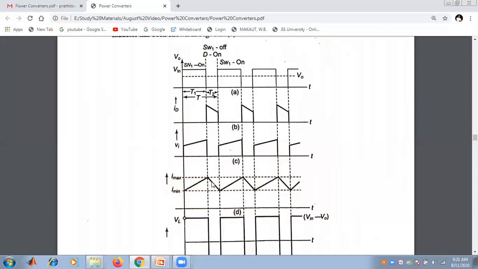When the switch is off, that means the diode is on, it comes back from the maximum value to the minimum value, and this path is repeated in nature.